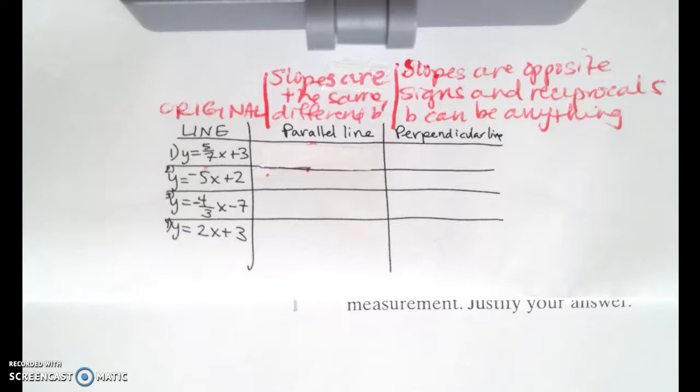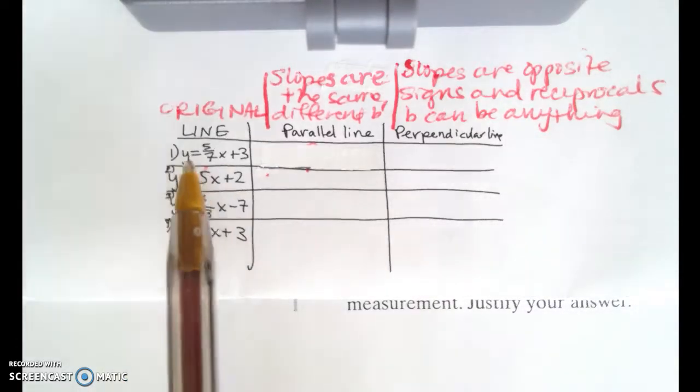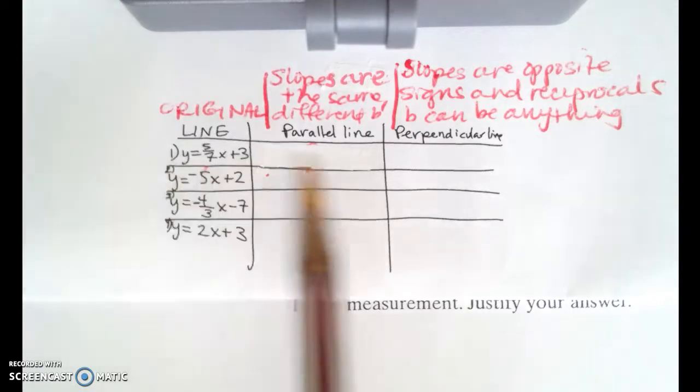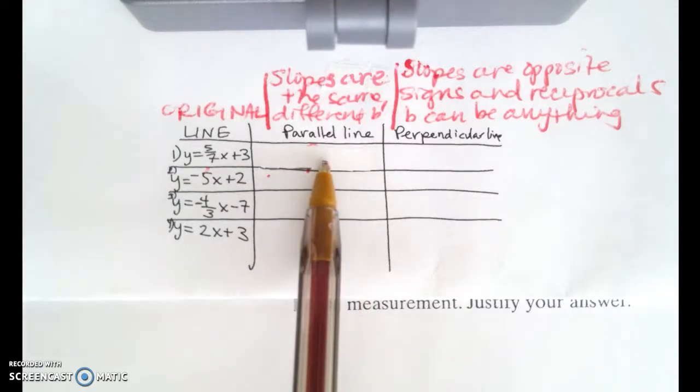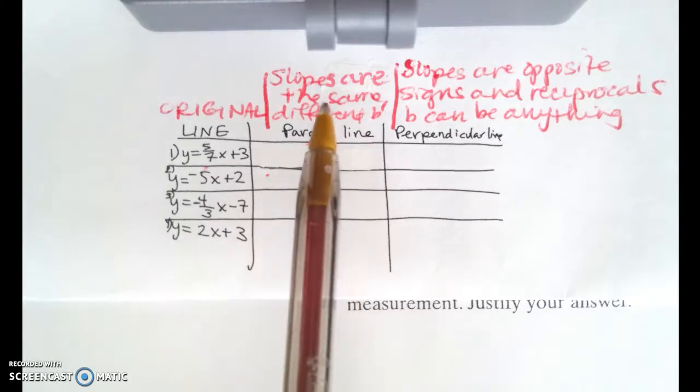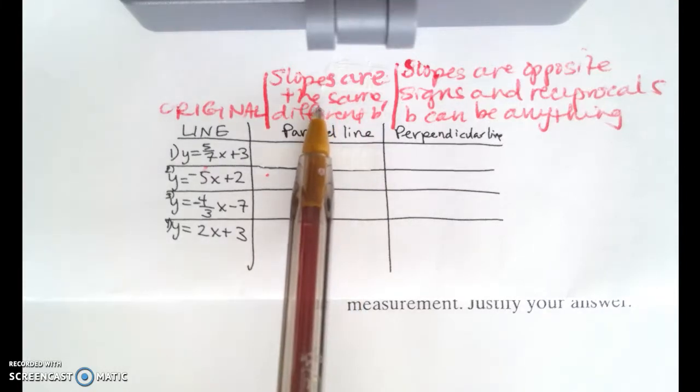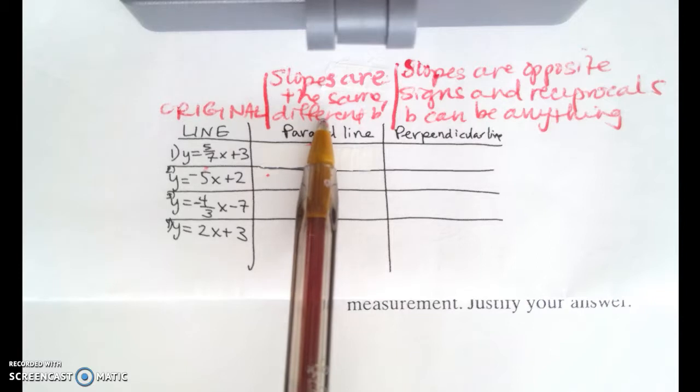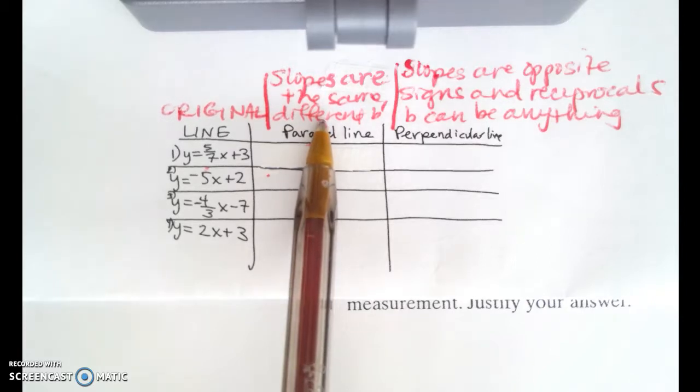I did have most people who got at least 75% correct. Some of you got them all correct, and I just want to make sure we're all very clear about how it is that we write our parallel and perpendicular lines. So you were asked to consider each original line and then write an equation of a line parallel to it, knowing that for parallel lines, slopes are the same, but we have different y-intercepts, different b values, right?